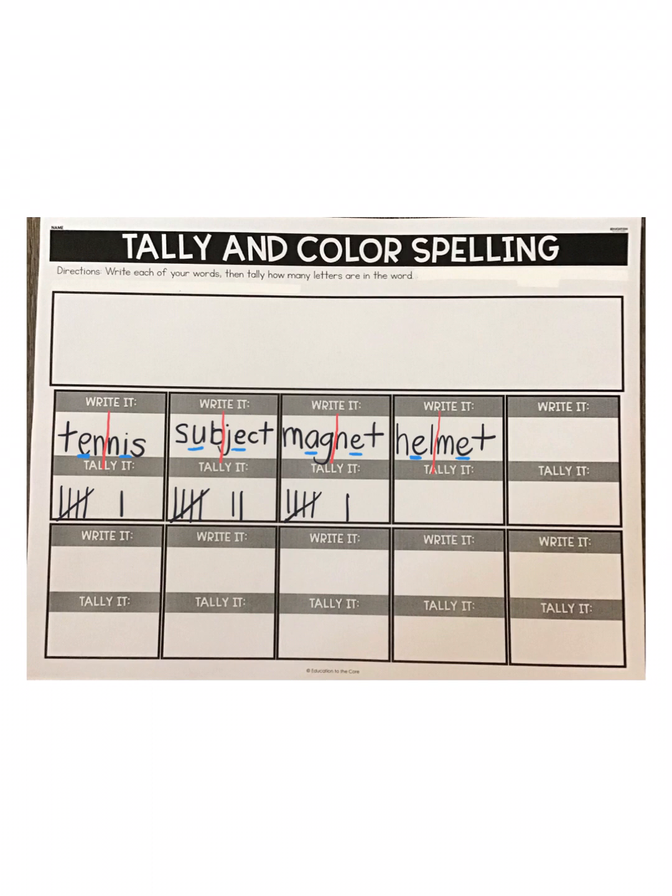Chin drop, helmet. Clap, helmet. And tally how many letters we see in the word helmet. Finger space, 6.